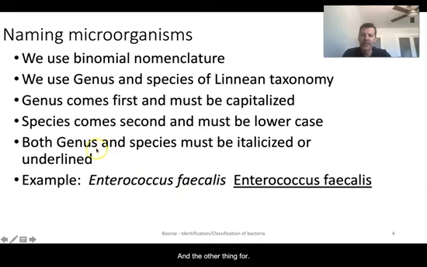The other thing is that the genus and species should either be in italics, like this one is, or underlined. That represents a scientific binomial nomenclature name. So that's how we write all binomial nomenclature names, whether it's Homo sapiens or Staphylococcus aureus, or in this case, Enterococcus faecalis.